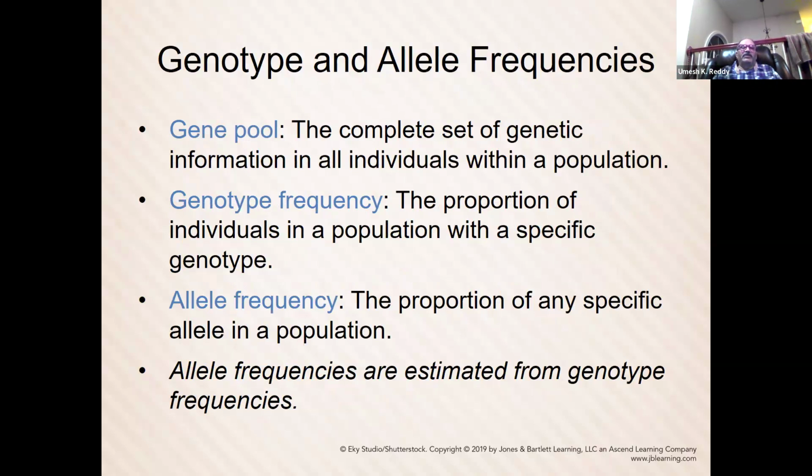So now the gene pool is the collective genetic information of the individuals within that population. And you can estimate genotype frequency. How many are dominant genotypes? How many are heterozygous genotypes? How many are recessive genotypes? You can estimate. For example, we want to estimate for a gene within Charleston.